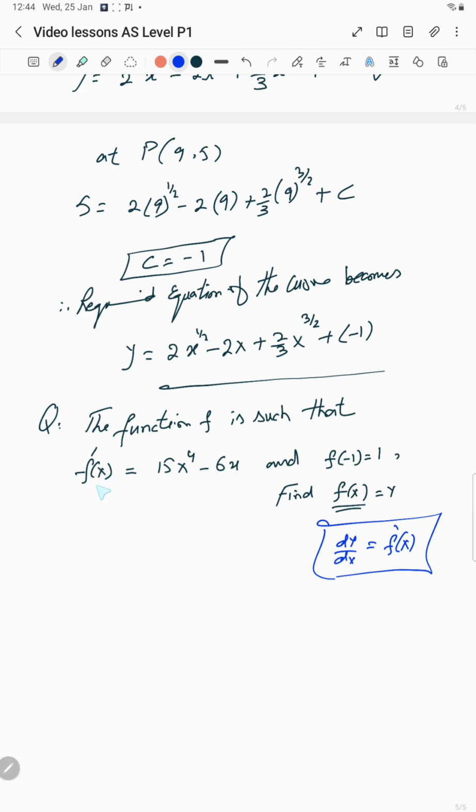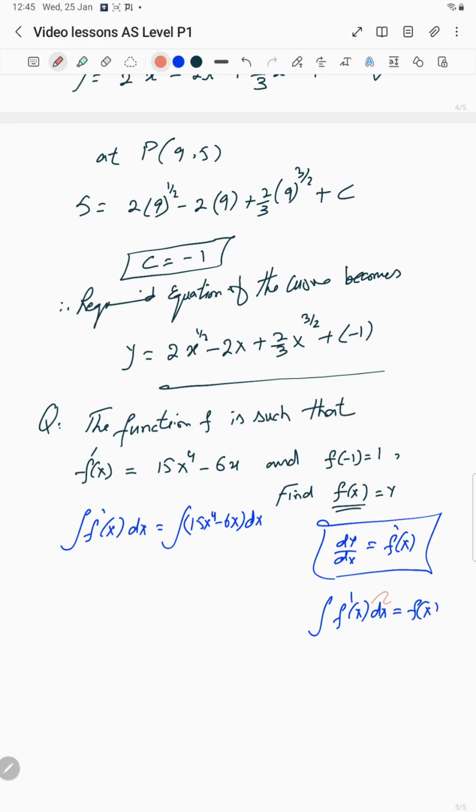Gradient is given to you, this one. So it is already in separable form, so integrate this: f prime of x d of x will be the integral of 15x^4 minus 6x d of x. We know that the integral of f prime of x d of x is equal to f of x.